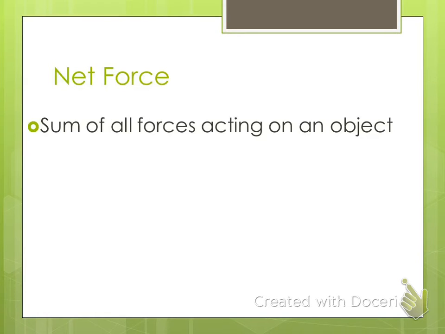So we talked about what happens if there's a non-zero net force, right? Unless something's acted on by a non-zero net force. What does it mean to have the net of anything? What does it mean to have a net profit? Overall, yeah, total, sum, right? So your net force is going to be the sum of all forces acting on an object.